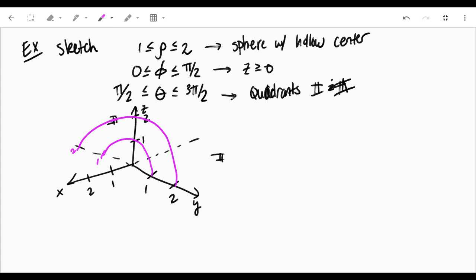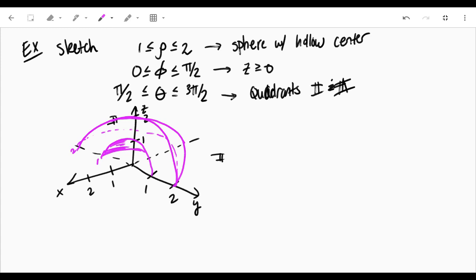Cheating a little bit because I do have a little bit of a sketch on my paper.